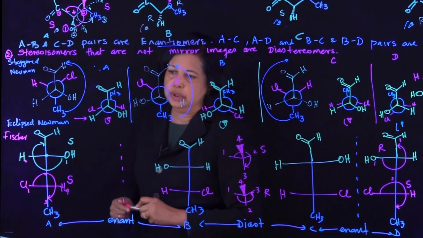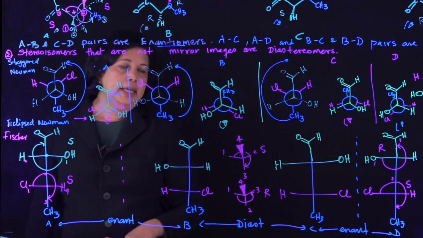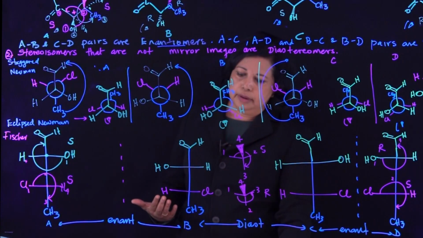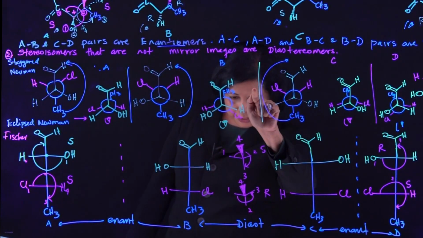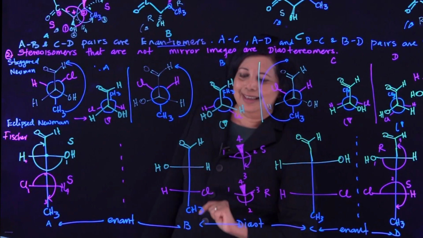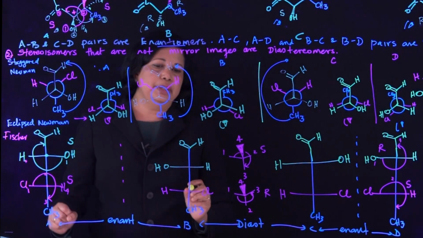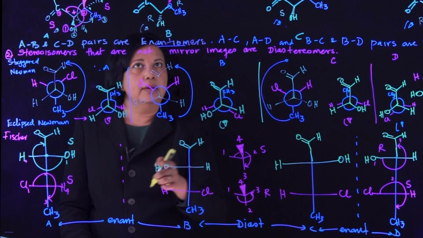On a Fischer, if it's going clockwise, that would be an S. If it's going counterclockwise, it is going to be an R, because hydrogen again is coming out at you on that side on a wedge. All right, so make sure that you remember that when you're doing R and S for all of these things.